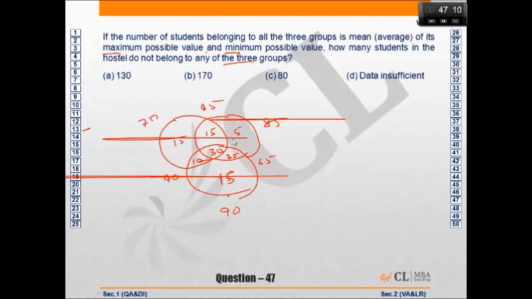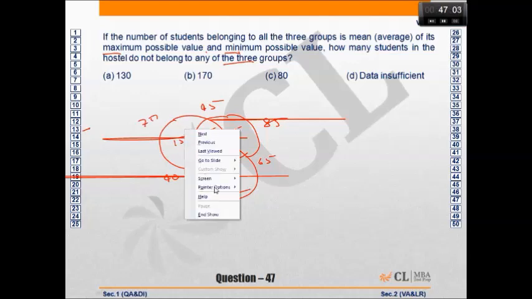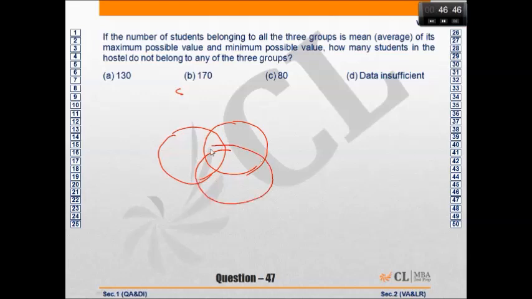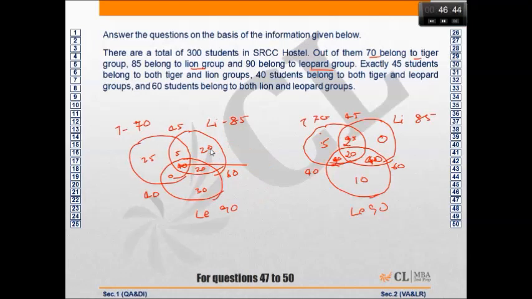What I missed out, I missed something somewhere. Let me just do this again. I missed out somewhere. Maxima and minima are coming out to be 40 and 20. I hope that is right. I hope I have not made a mistake there.